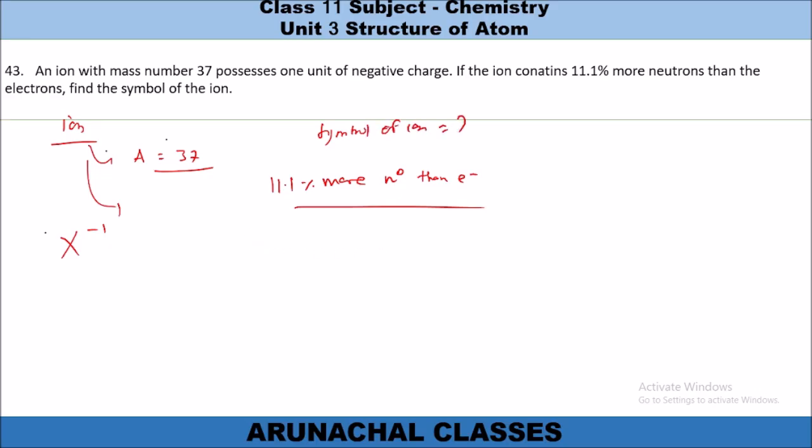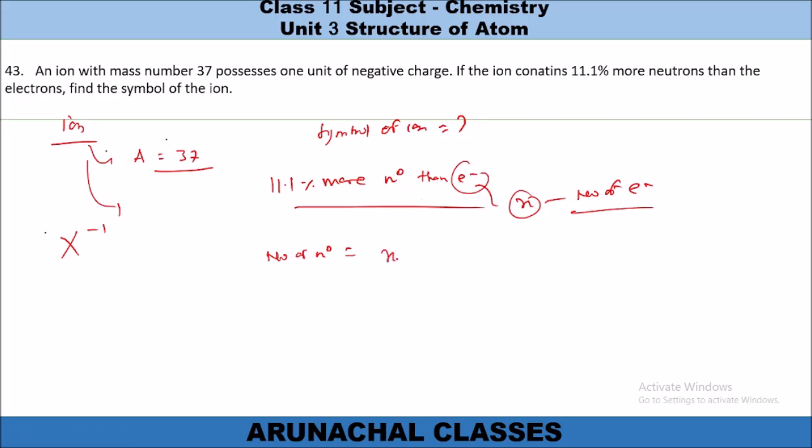So let the number of electrons present in the ion be x. What they are saying is that the number of neutrons is 11.1% more than the number of electrons.